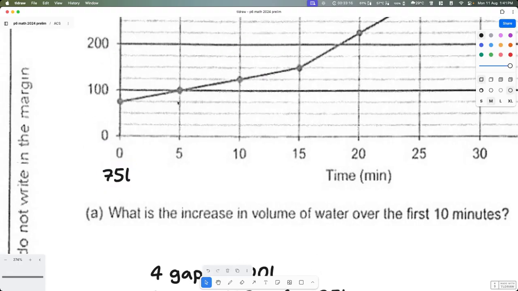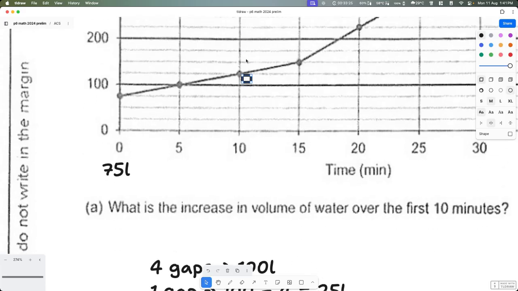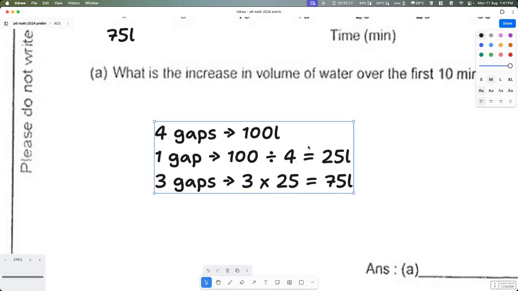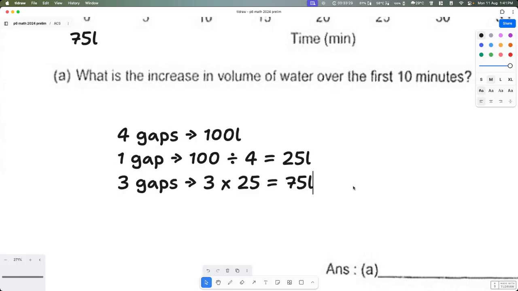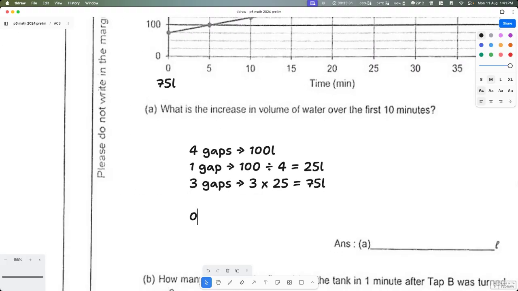How many gaps is 10 minutes? 1, 2, 3, 4. We have 100 and then 125. So 0 minutes is 75 liters, and then 10 minutes is equal to 125 liters.